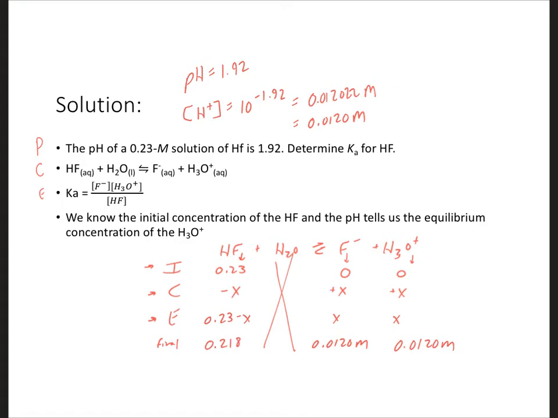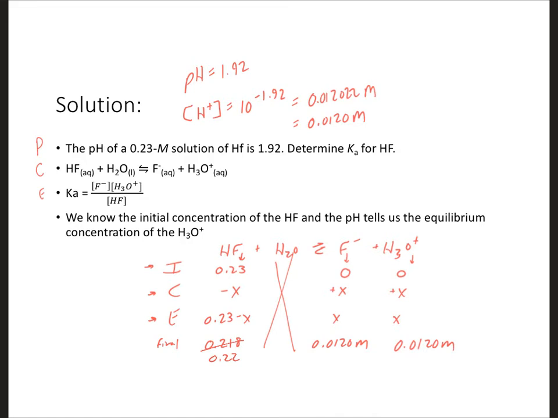My calculator says 0.218, keeping in mind that I would much rather this be 0.22 based on my sig figs. And so I'm just going to write 0.22 because with my subtraction there, I was trying to use the least number of decimal places. And so that was the 2 and the 3. And so now I've got those final numbers.